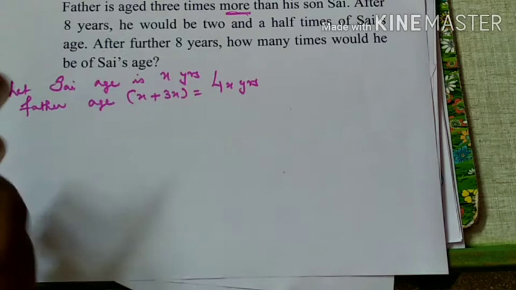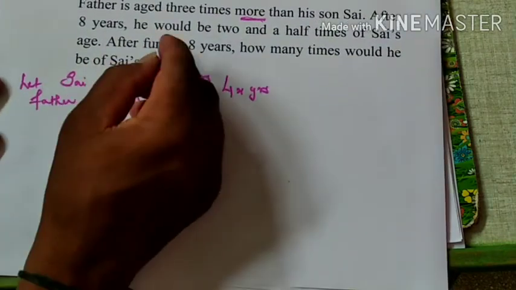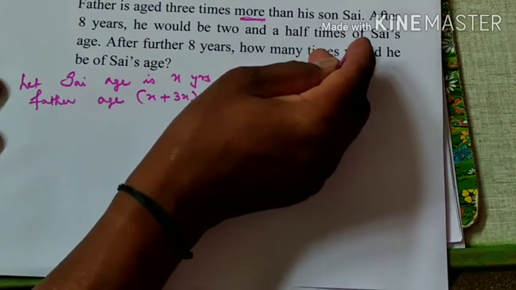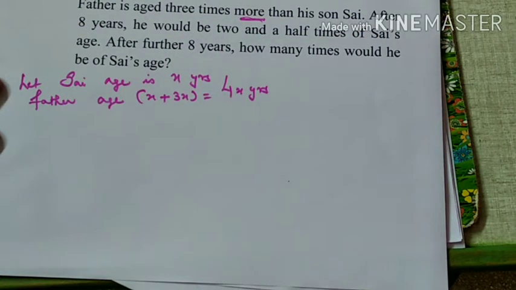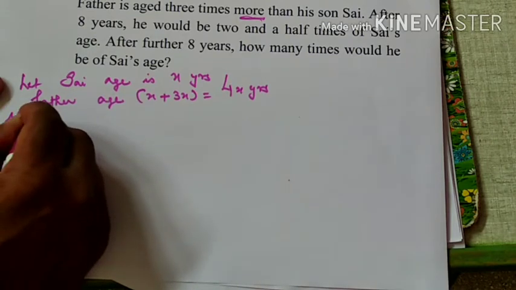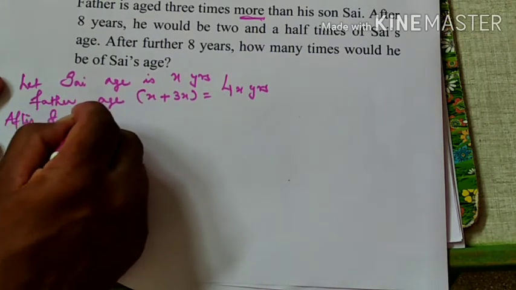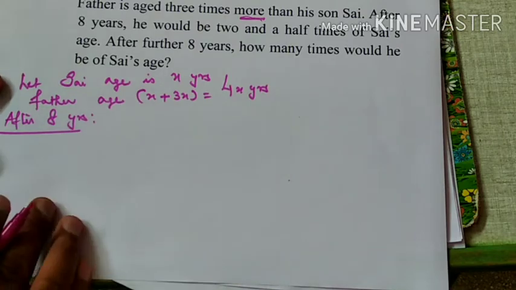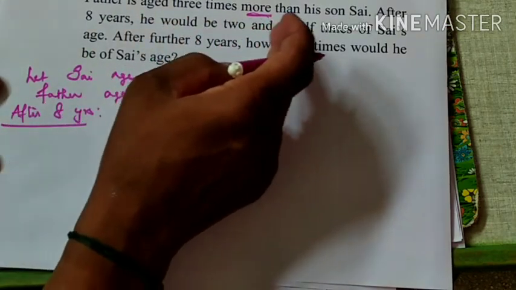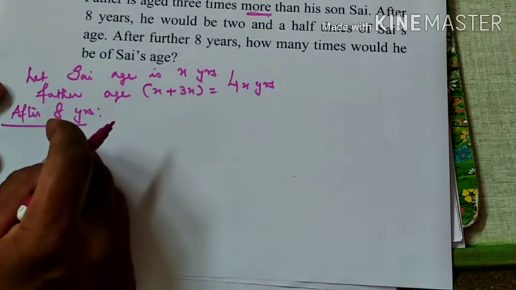After 8 years, he would be 2.5 times of Soy's age. After 8 years. When is it happening? After 8 years, he would be 2.5 times. 2.5 times means 5 by 2.